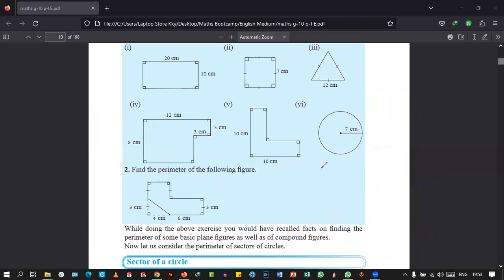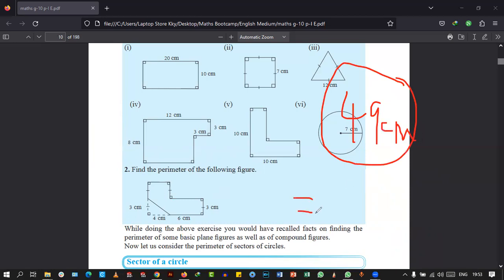So without writing anything, can you say what will be the perimeter of this one, say 49? What will be the perimeter in centimeters? Can you say it without writing anything? 7 twos are 14. 14 times 2, it will be 28.